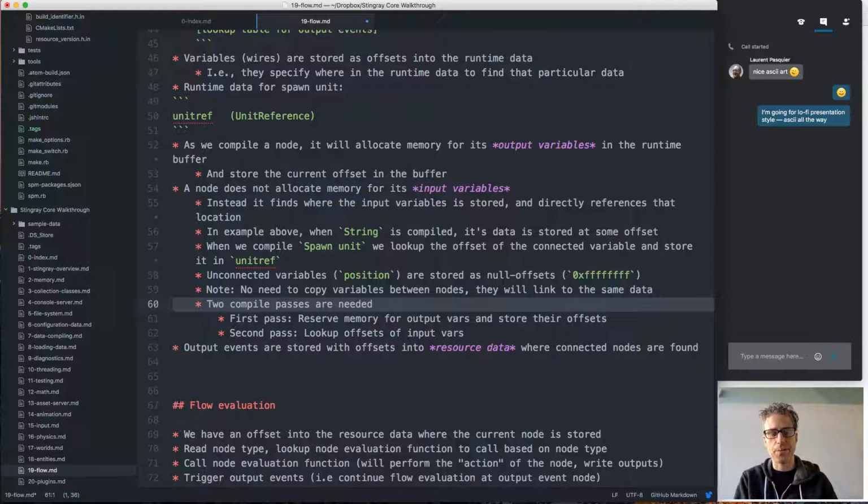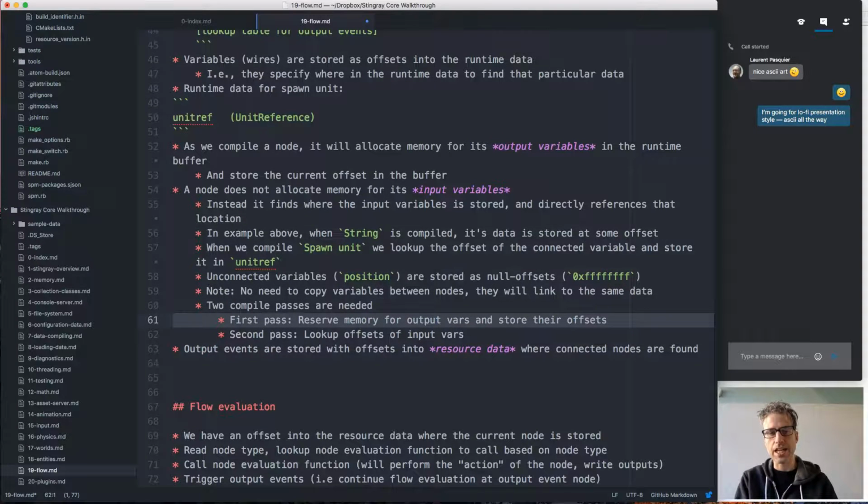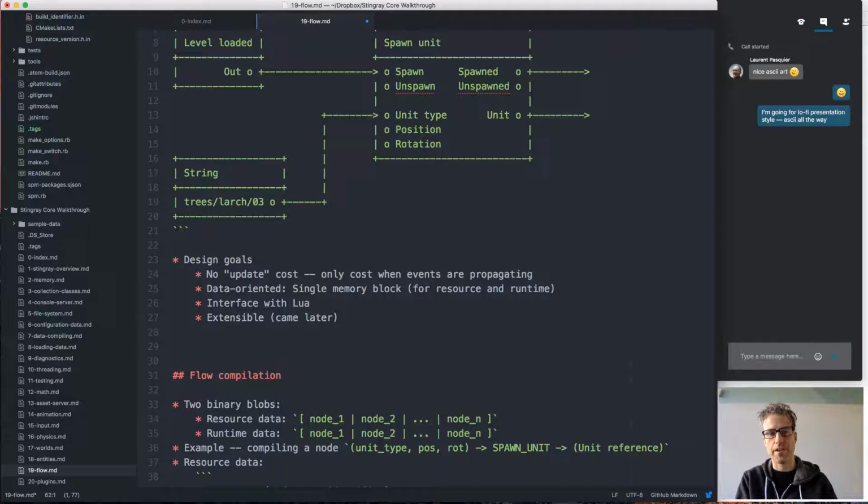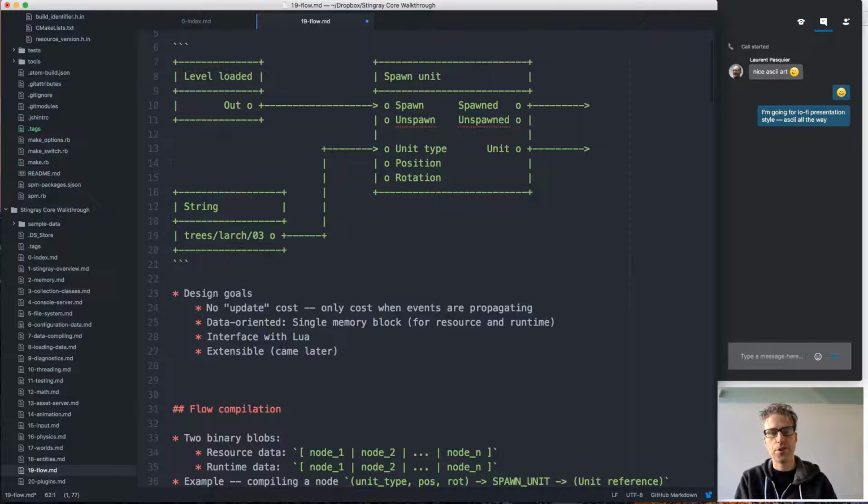One thing though is that we will need two compile passes. When we compile a flow graph, we actually do it twice. In the first pass, all the nodes will reserve memory for their output variables. So we compile the string here, reserve the memory for its output and store its offset, and the same here.